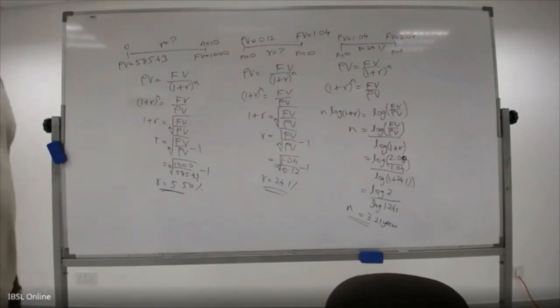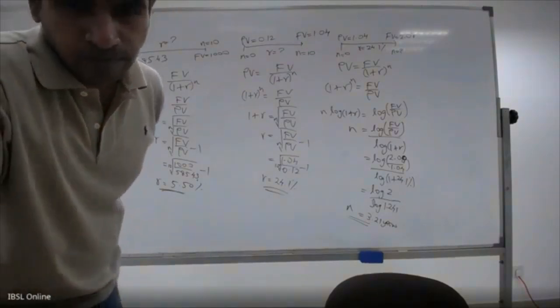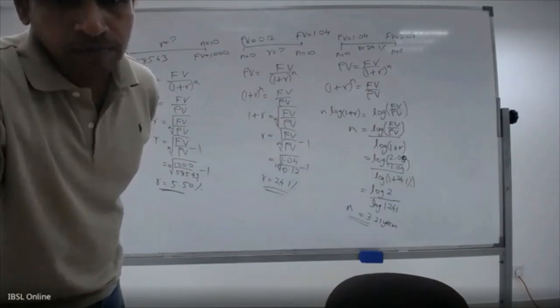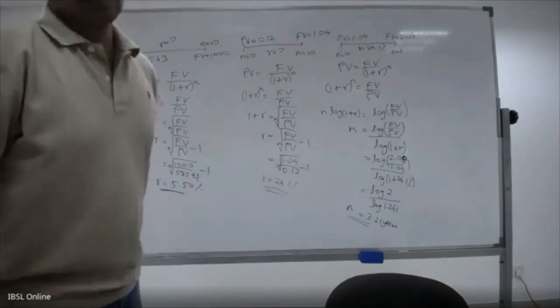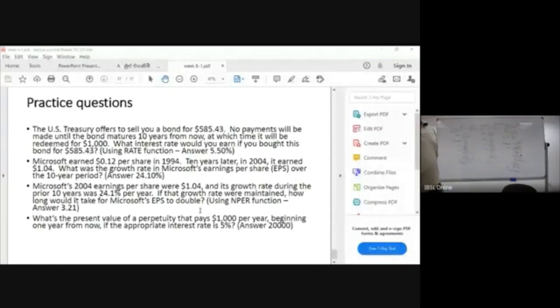Question number 4. What is the present value of a perpetuity that pays $1,000 per year, beginning 1 year from now, if the interest rate is 5%? Present value, interest rate is 5%, payment $1,000.